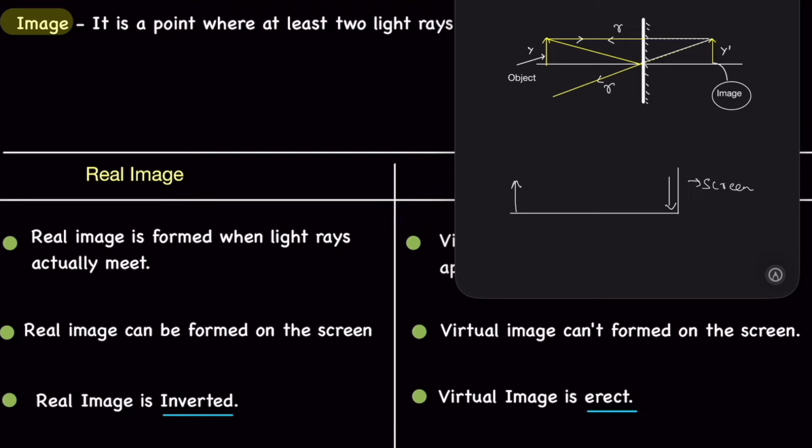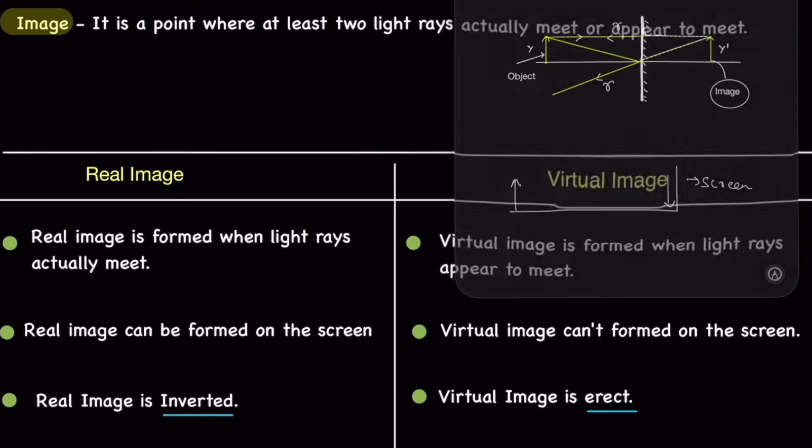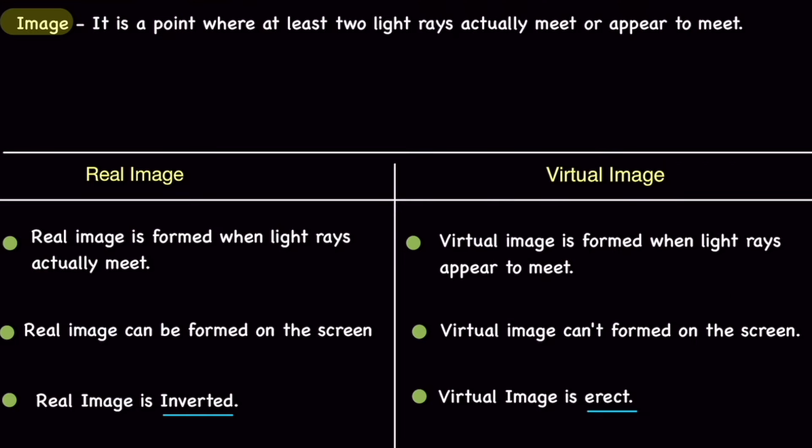If you go to a movie theater where we are using a projector and there is a big screen, we can see the movie on the screen. So this is also an example of a real image. So here we can define real image and virtual image. A real image is formed when light rays actually meet. A virtual image is formed when light rays appear to meet, as in the example of a plane mirror.